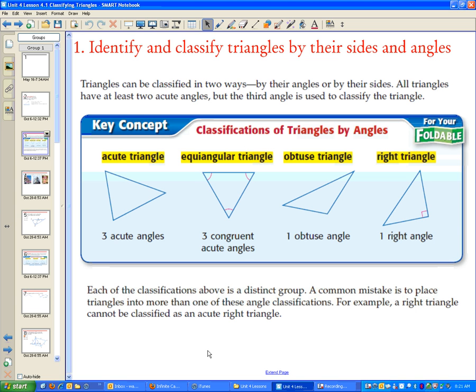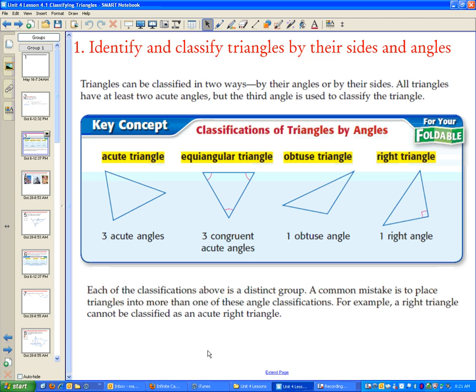Any way you do it, two of those three angles are going to be acute. And the third angle is either going to be an acute angle, a right angle, or an obtuse angle. That's the only way it works. So the third angle is the one we use to classify the triangle by its angles.